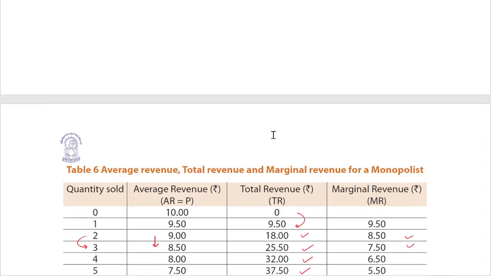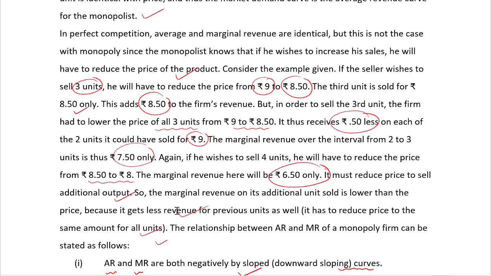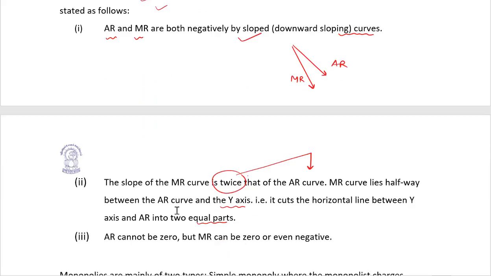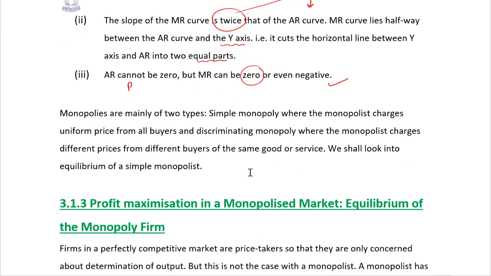Let us continue. AR cannot be 0, average revenue is price and price cannot be 0, but MR could be 0 or even negative. The marginal revenue, that is change in revenue, could be even 0 or it could be negative also.